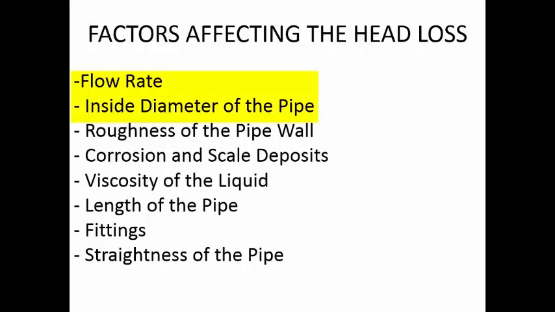Preferably we want to keep the velocity as low as possible, but if you want faster motion, you have to go for a larger size of pipe. If you go for a larger size of pipe, you have to carry more fluid, and the cost of the pipe also is going to increase. So you have to make a balance, whether you are prioritizing the losses or the cost.